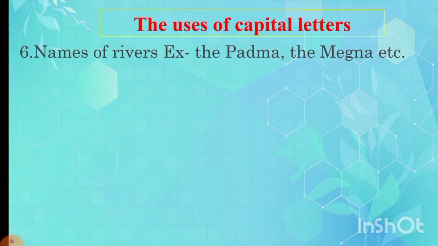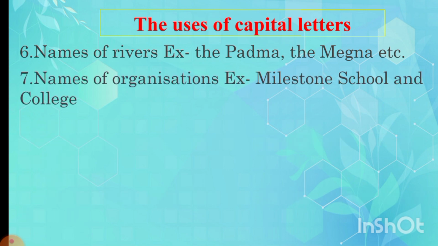Example, the Podda, the Meghna, etc. So here Podda P capital letter, Meghna M capital letter. Then names of organizations. Names of organizations we have to write with a capital letter. So Milestone M capital, School S capital and College C capital letter.